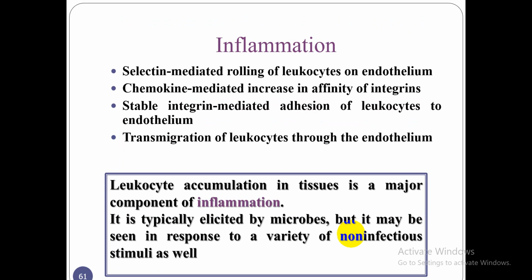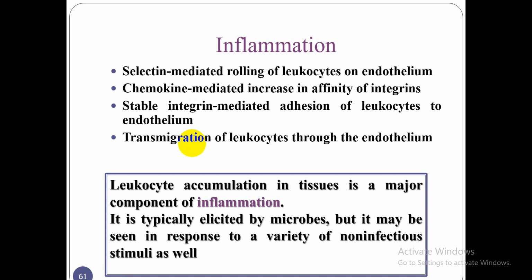So in inflammation we have selectin mediated rolling of leukocytes on endothelium, chemokine mediated increase in affinity of integrins, a stable integrin mediated adhesion of leukocyte to endothelium, and finally transmigration of leukocytes through the endothelium.